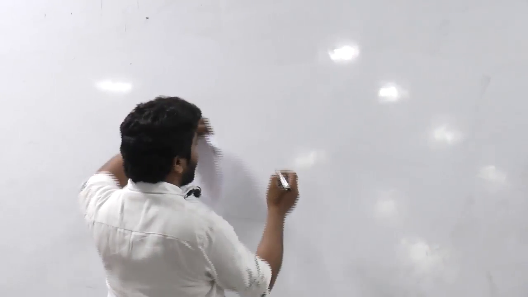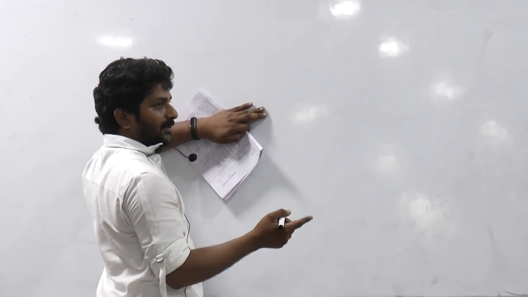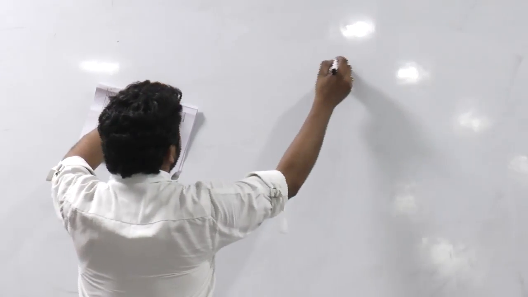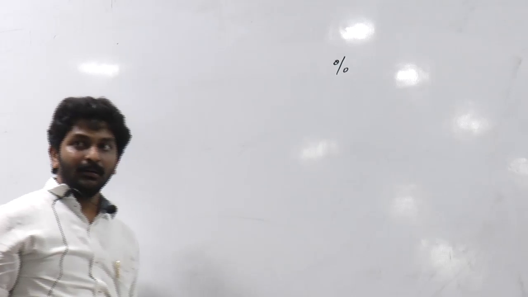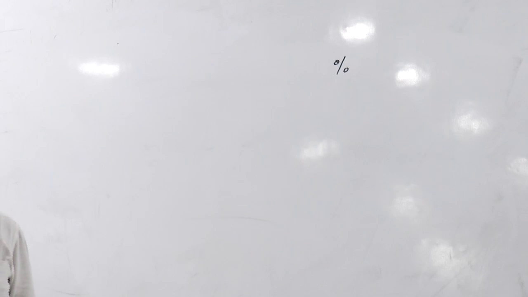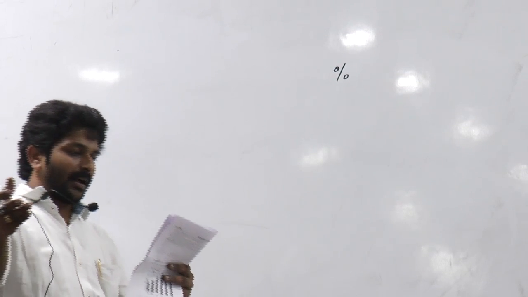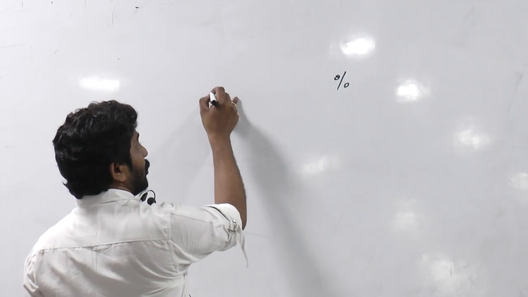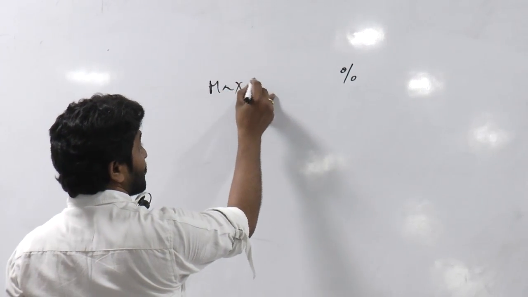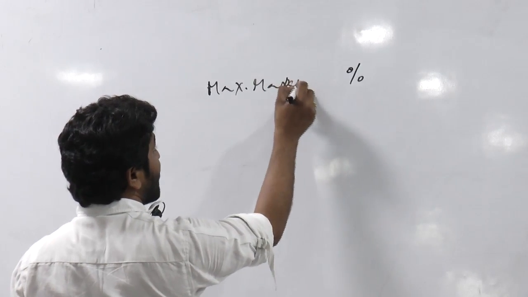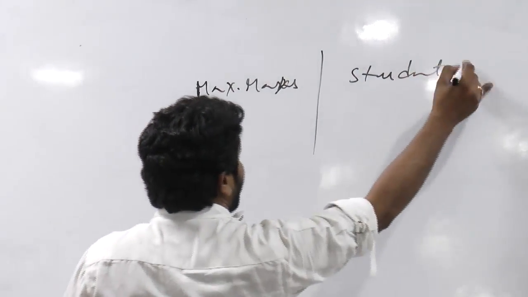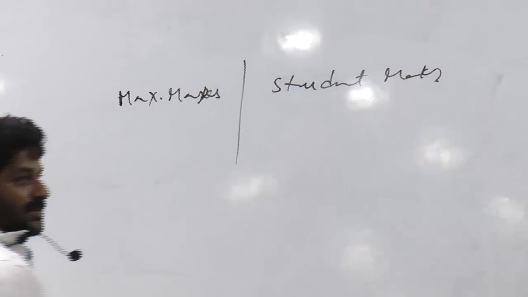In a table, especially when you have student marks, just verify whether you are given percentage or number of marks, and you have 6 subjects, total marks, maximum marks, and then student marks, in the sense obtained marks.